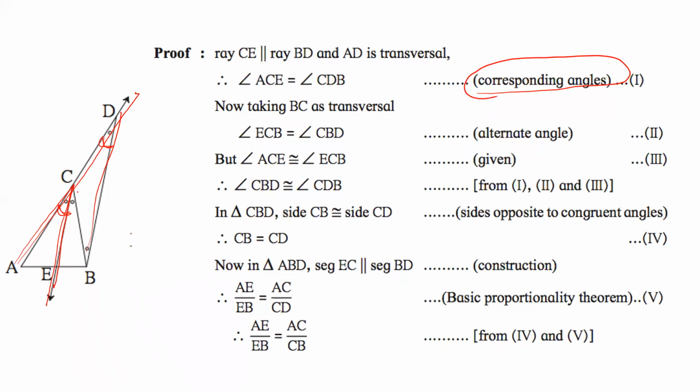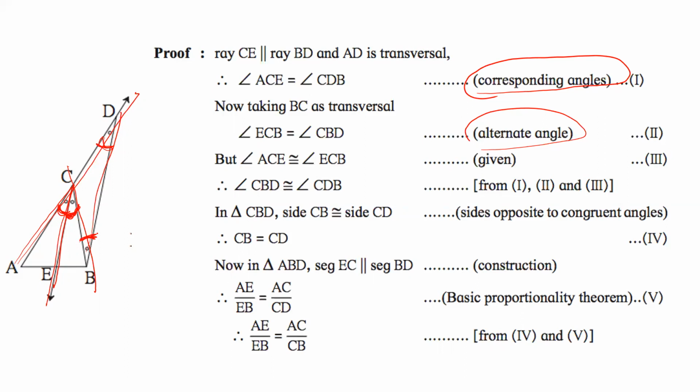Now, if I use BC as the transversal instead of CAD, I get this angle, angle ECB, is congruent to angle CBD by the alternate angles. So we got first this one and this one. Now we are getting this and this.